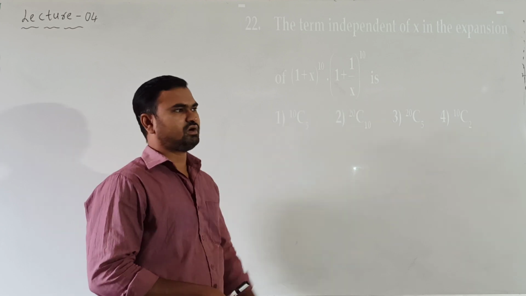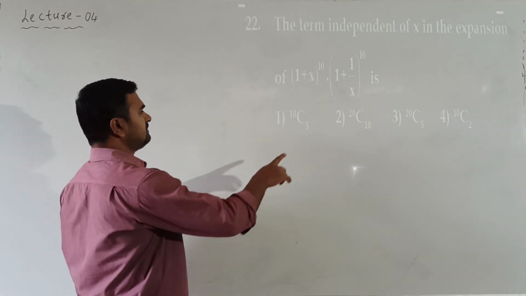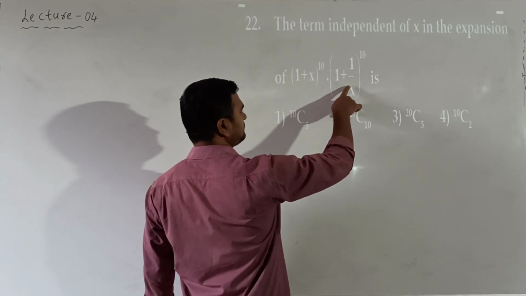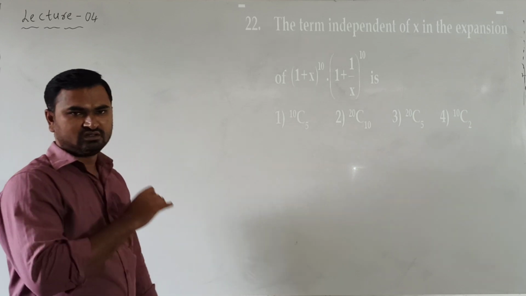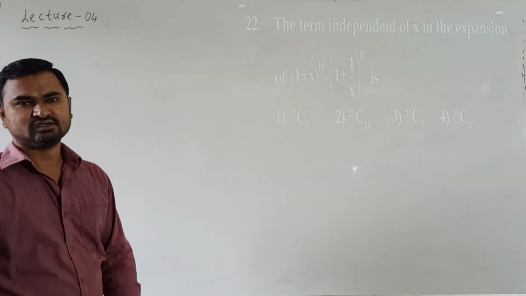So in such a case, what method do we use? Observe, if I take the LCM, (x + 1)/x to the power 10 and (1 + x)^10 are the same, so the product will get simplified.